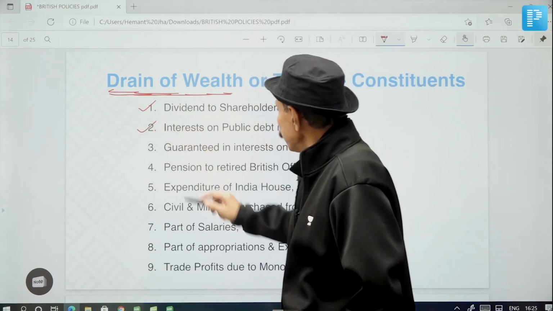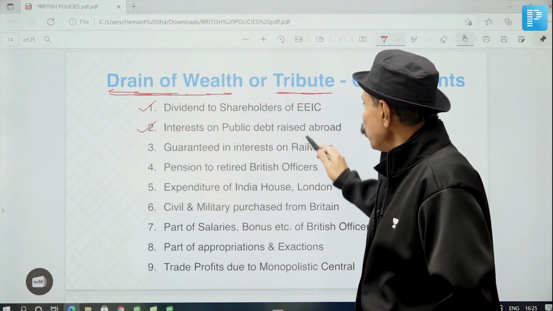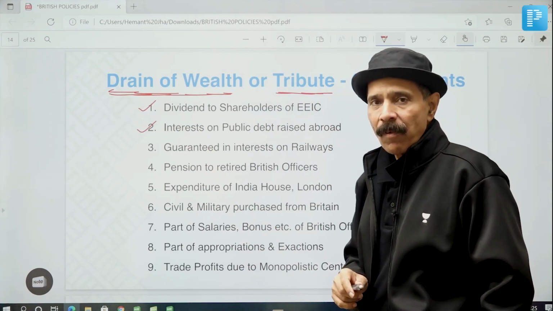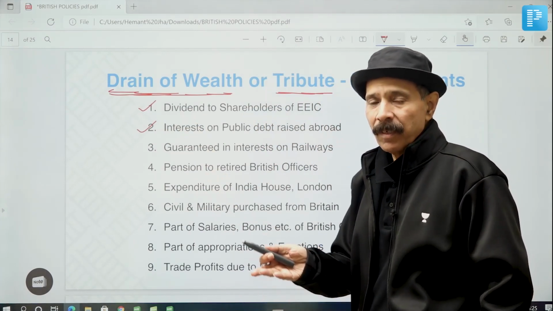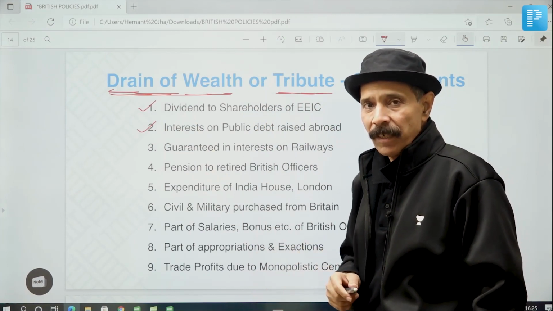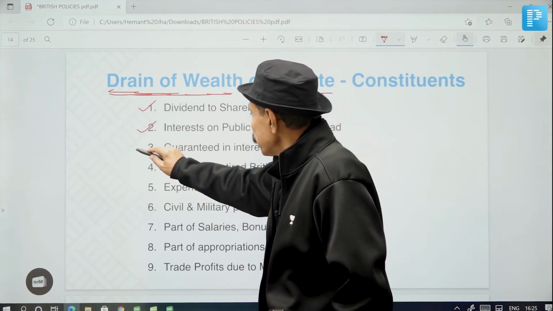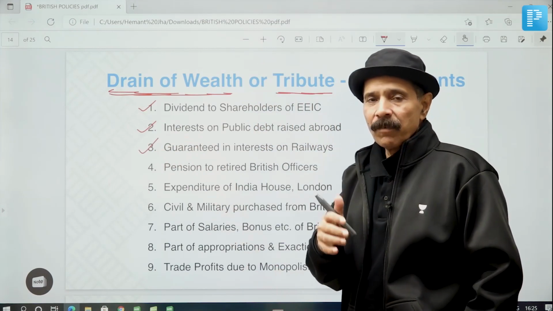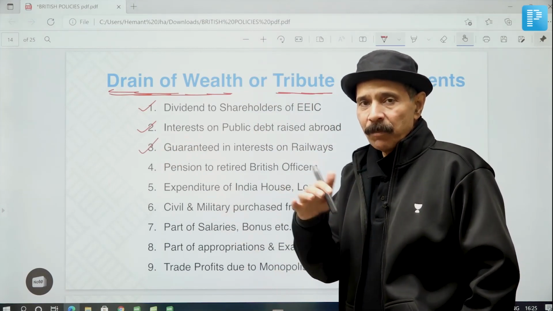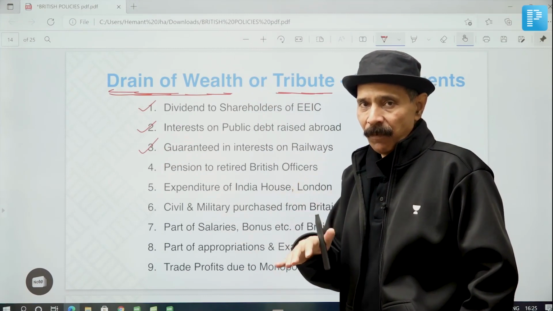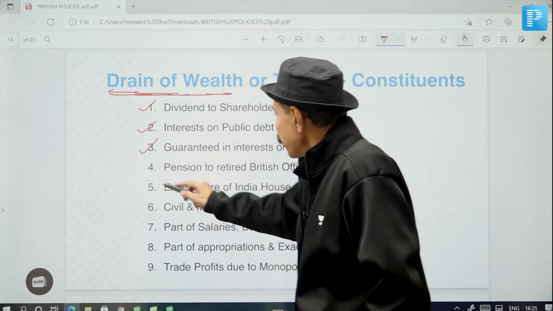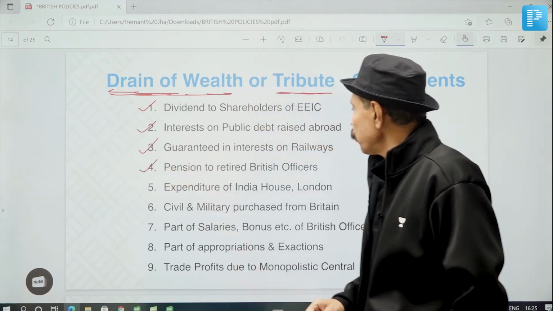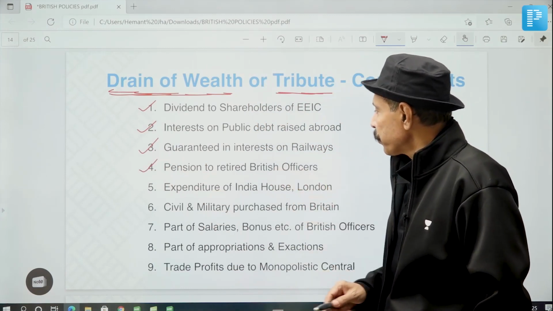Second is interest on public debt raised abroad for Indian government in India. Third, guaranteed interest on railways. Interest given on the private investment in railways. Next, pension given to retired British officers.